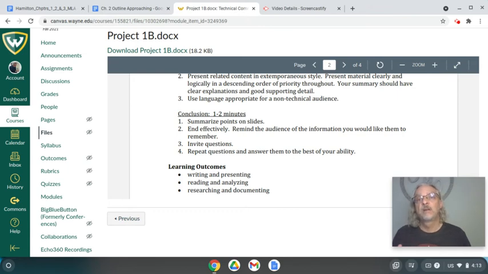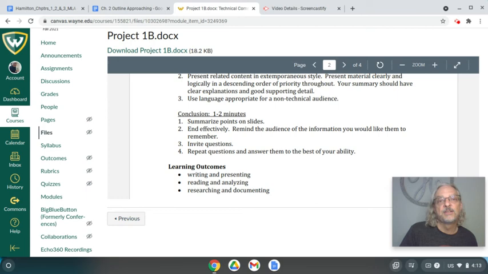We need to be careful about using certain types of words that our audience might not understand. But at the same time, we don't want to go so far down that we get into colloquialism. So we still be mindful of our language. Use language that's appropriate, right? That still gets across to a non-technical audience, but is not necessarily street talk, right? So we find that delicate balance.